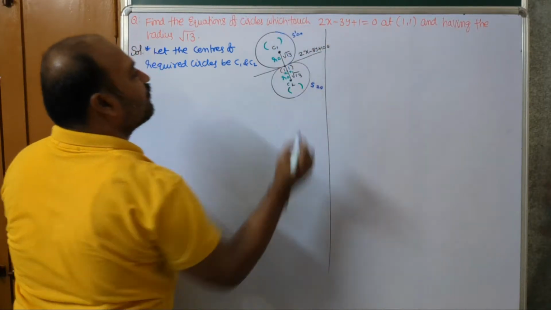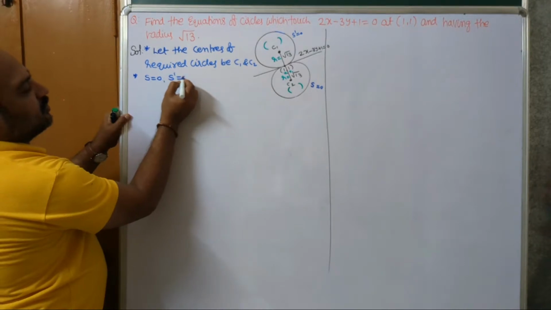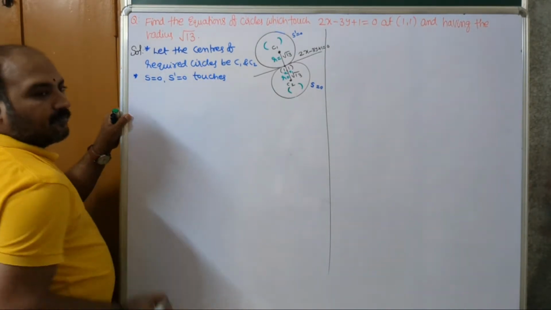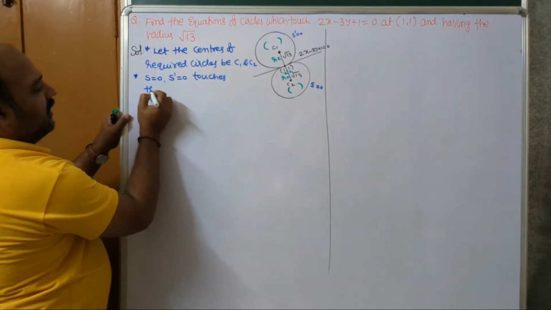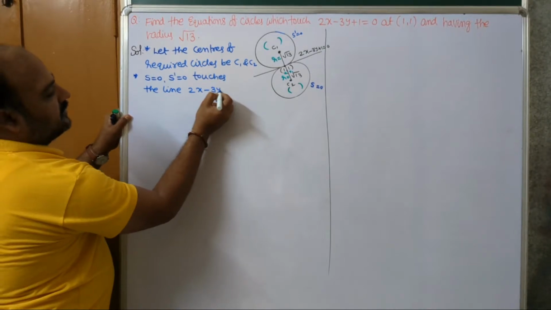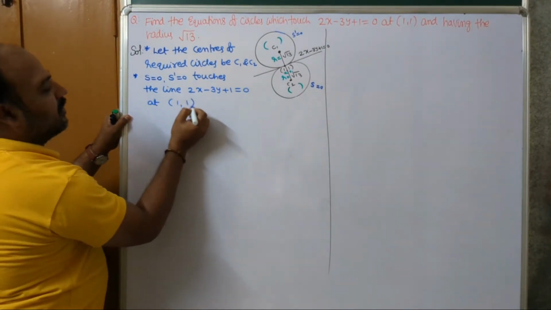The circles S equal to 0 and S dash equal to 0 touch the line 2x minus 3y plus 1 equal to 0 at 1, 1.